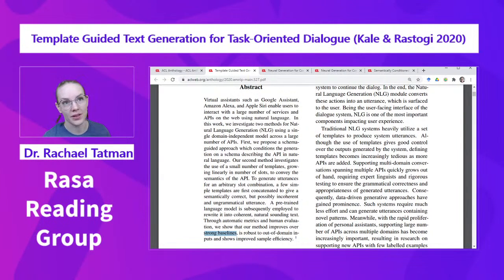But of course, the bottleneck there is how long does it take you to write good templates for your assistant's utterances. And if you have 20,000 APIs you're trying to connect with, maybe it's not feasible to do all of them through handwriting rules.